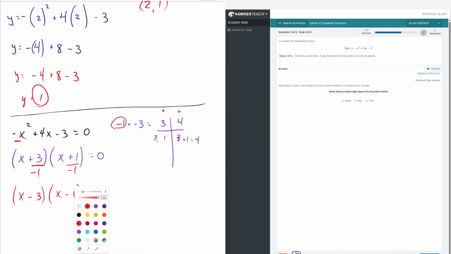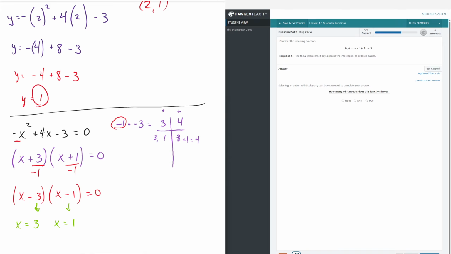These are still in parentheses, and I want to finally know what x equals. So let's figure out what x equals. We're going to say that x will equal 3, and x will equal 1. Again, these are in parentheses. Whenever they come out of parentheses, we're going to change those signs.